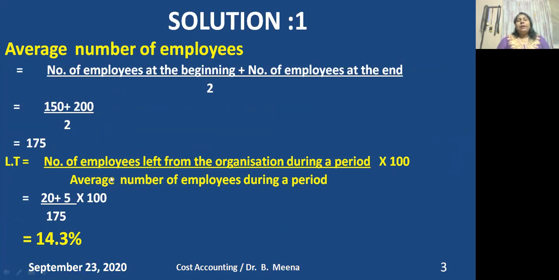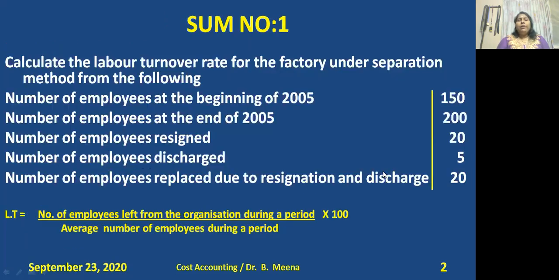So under separation method, what is the formula? Number of employees left from the organization during a period divided by average number of employees during a period into 100. So how many of them left from the organization as per the problem means number of employees resigned, I will consider 20 employees, and as well as how many of them discharged as per this problem, 5.